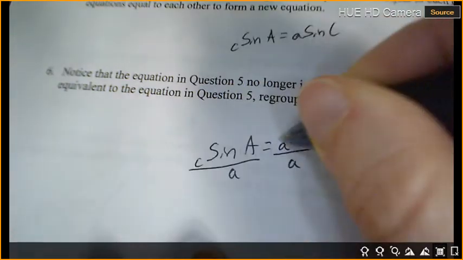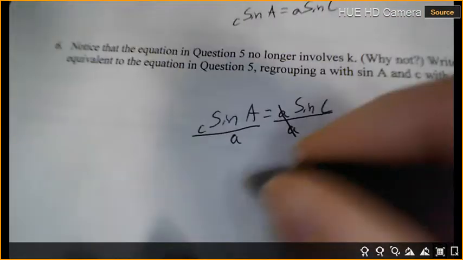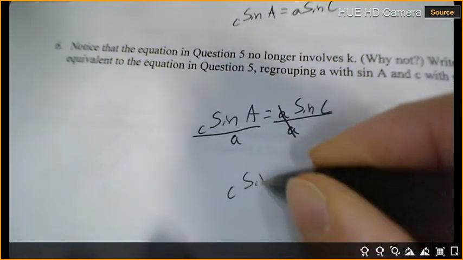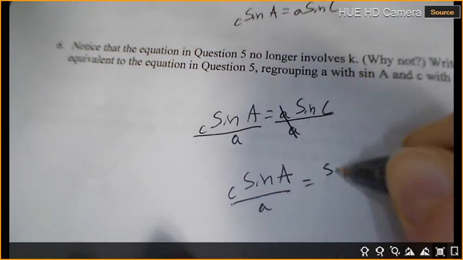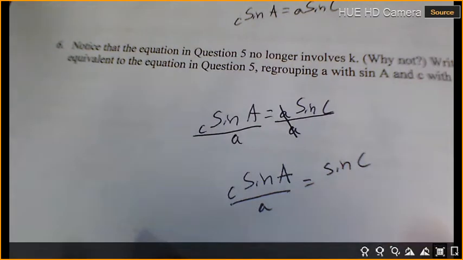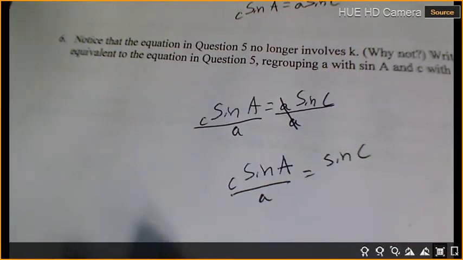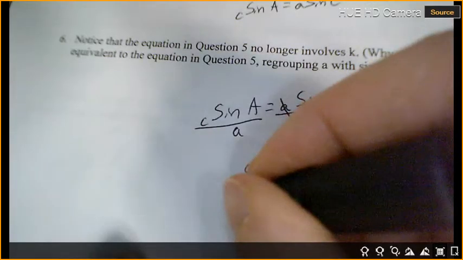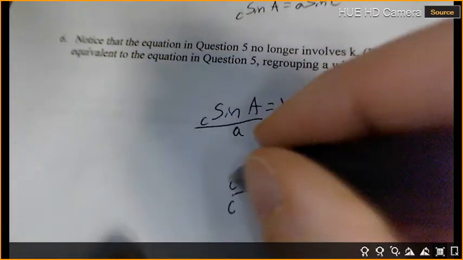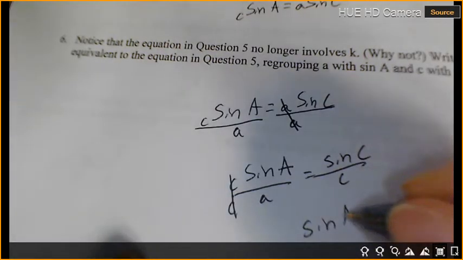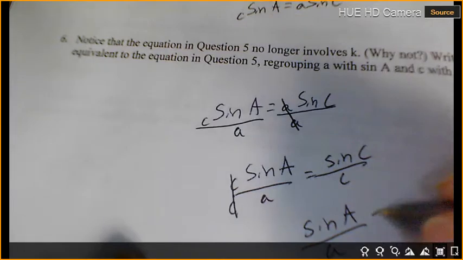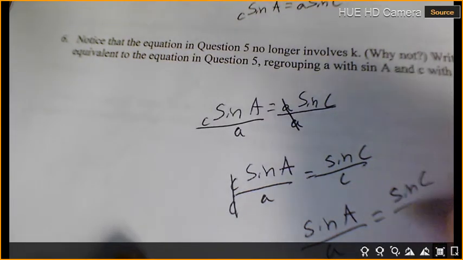Okay, so now I have little c sine big A over little a equals sine C. I want this c to go to this side. What do I need to do to it? What's the opposite of multiplication? Division. So I'm going to divide both sides by little c. So I'm left with sine A over little a equals sine C over little c.